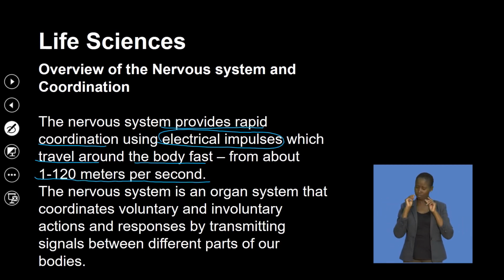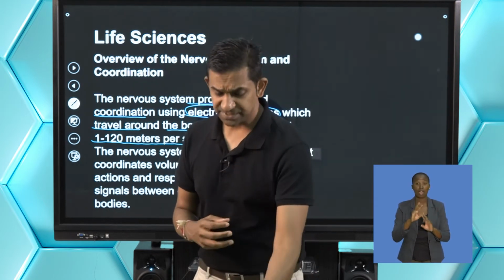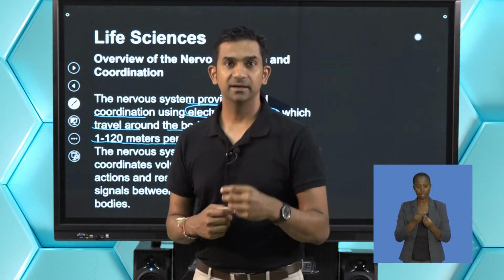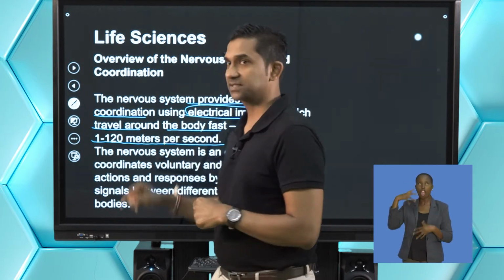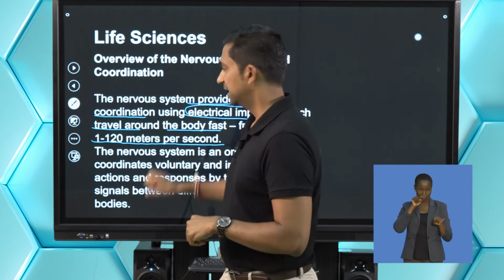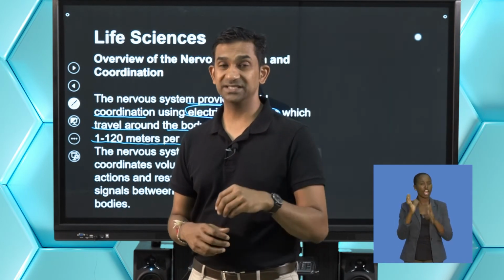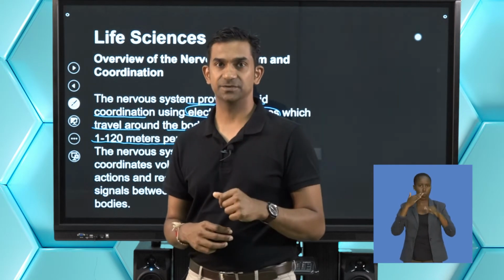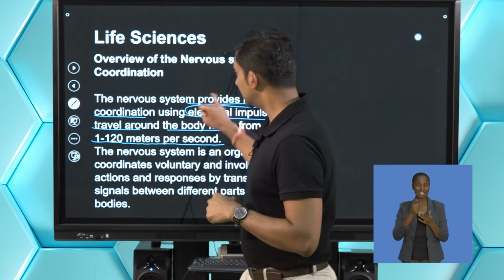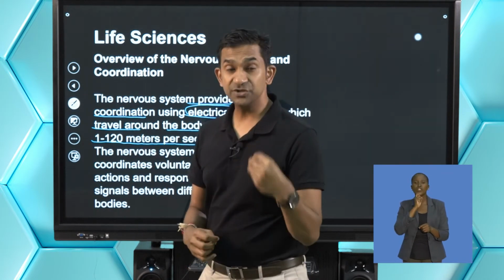And if you think about how quickly that is, the fact that you're able to think, click your fingers, respond to light, pick up something quickly, those are all nerve impulses that travel extremely fast. And so this is the body having a highly effective coordinating system that brings about an instantaneous change. And that's through impulses that travel in neurons, and these, as I said, travel extremely rapidly.